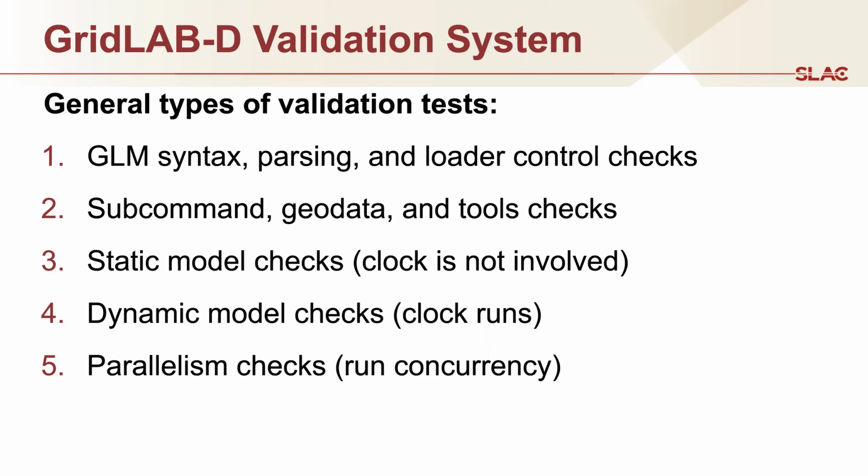It verifies that Gridlab-D can run concurrent runs without the runs interfering with each other, and sharing the resources on the system in a productive manner, without causing all sorts of parallelism problems that might arise if things were not implemented correctly. So those parallelism checks are not directly implemented as part of the validation suite, but they are done almost every day by developers. And so we typically do catch problems of parallelism fairly quickly.